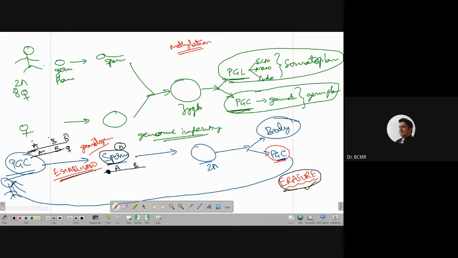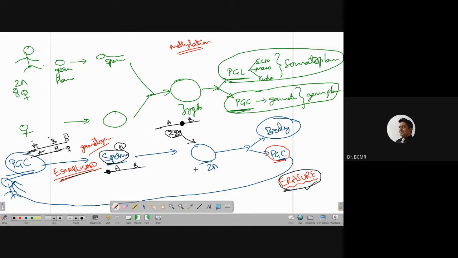And somewhere, say from another individual, we will get the egg. In the egg, what would you expect? It is also haploid, A and B. Which one is methylated? Which one is unmethylated? B should be methylated. Yes, because B is maternally imprinted, egg is coming from the female, so B is methylated and A is in unmethylated state.